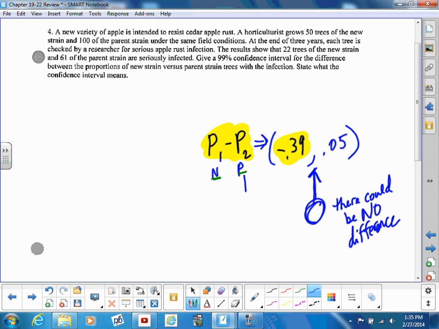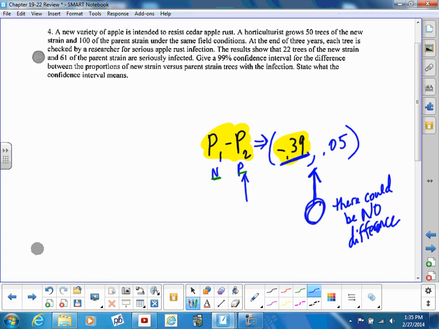Good, this second one. So I am 99% confident that the difference between the two proportions could be 39% higher for the parent strain.